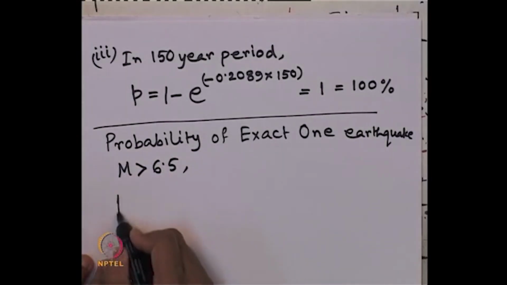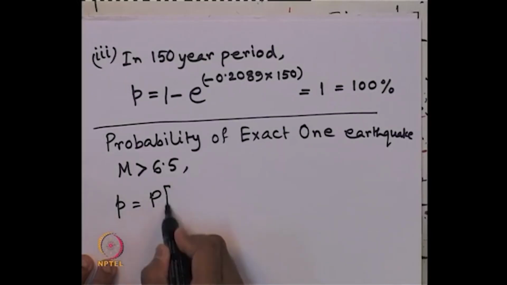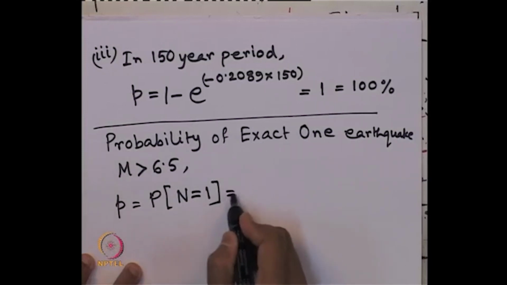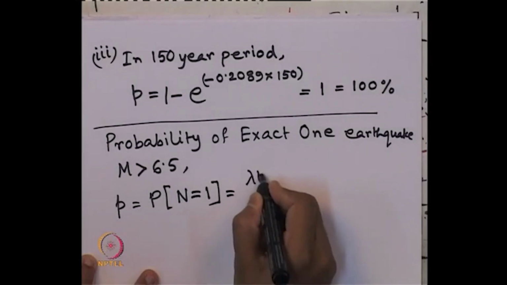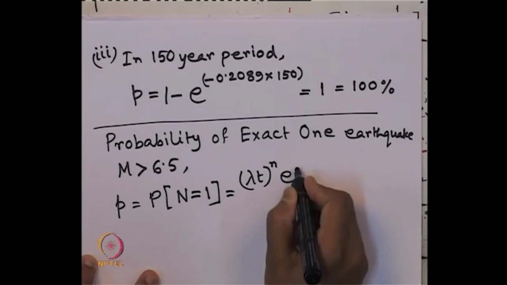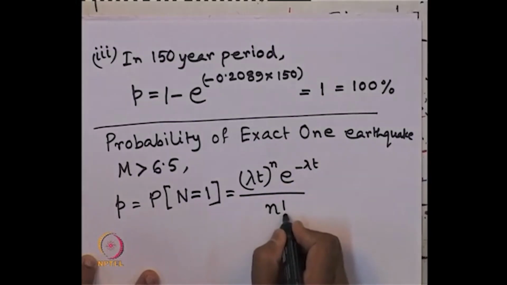So, the probability equation for an event n equals 1, if we use that same Poisson's distribution, is lambda t to the power n, e to the power minus lambda t, divided by n factorial.